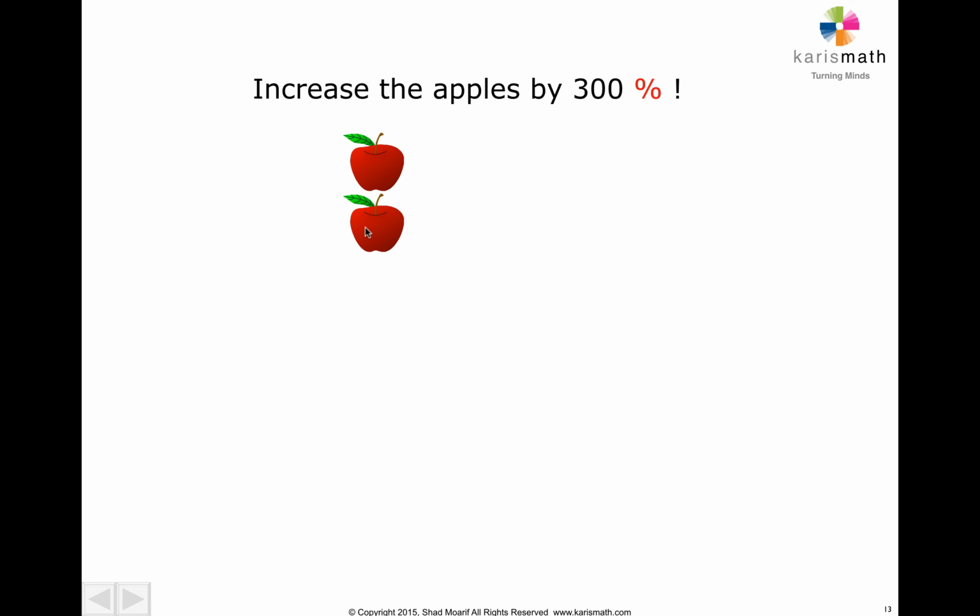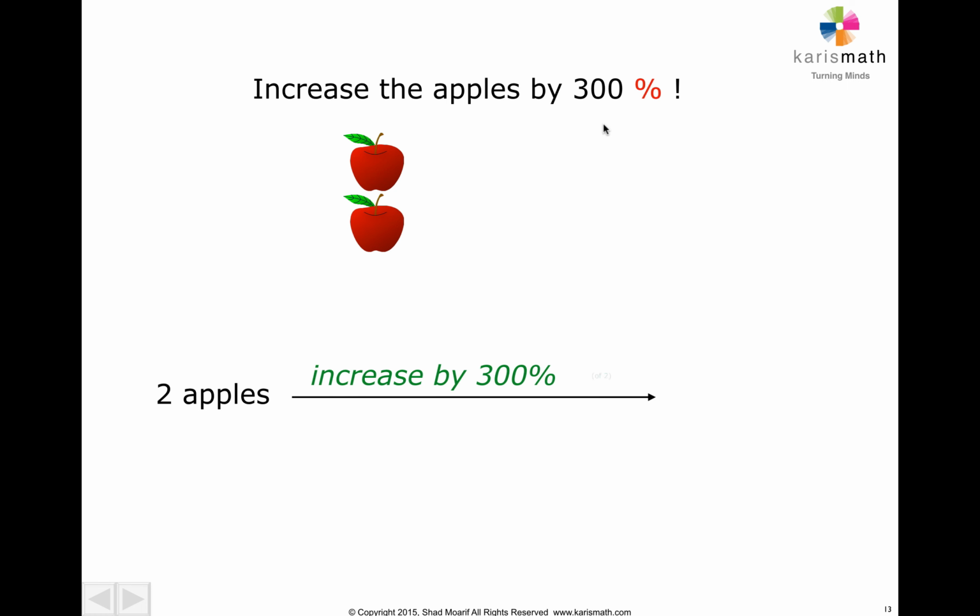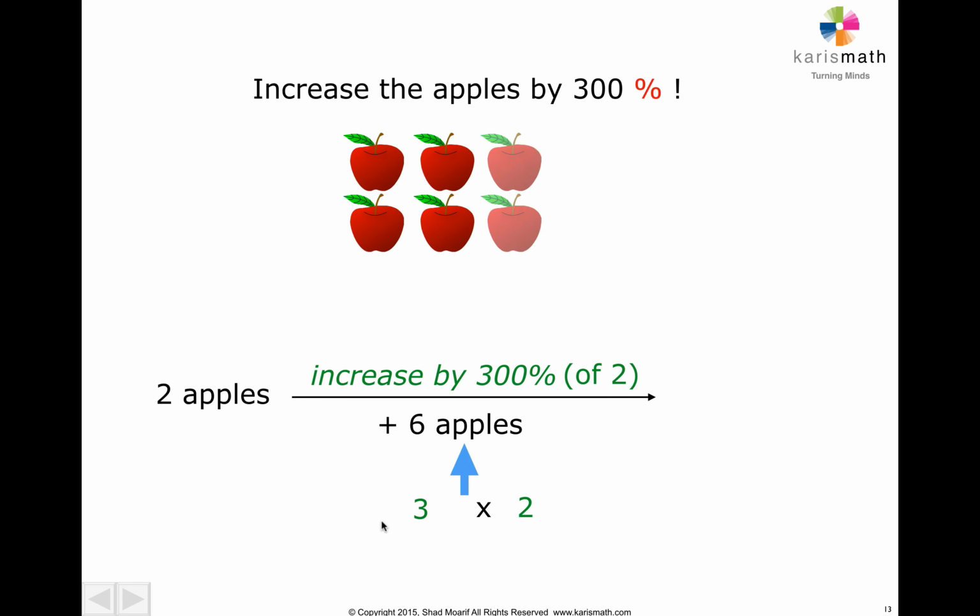So 2 times more than 2 is 4. You'd add 4 apples. If you increase the 2 apples by 300%, then how many apples would you add? 300% means 3 times the 2 apples. And so you would add 6 apples. 2, 4, and 6. And so altogether you'd have 8 apples.